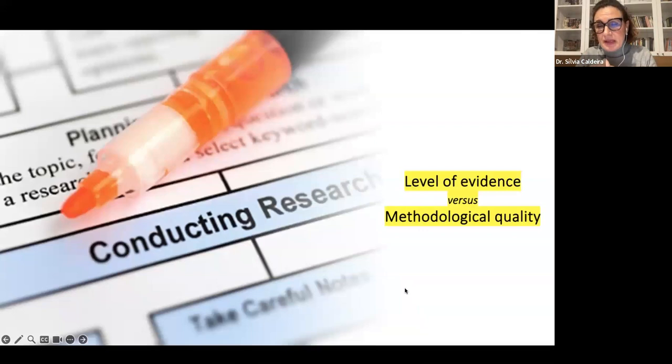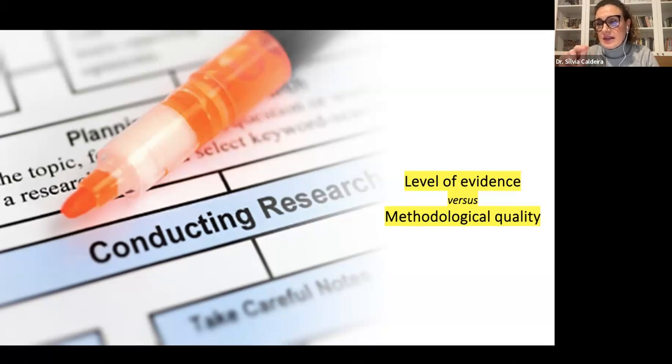Another topic I want to highlight is that when we talk about the level of evidence, we are not discussing the quality of the studies. These are two different dimensions when we talk about research. One is the type of study, which is connected to the level of evidence, and the other is the quality appraisal, the quality of the study.